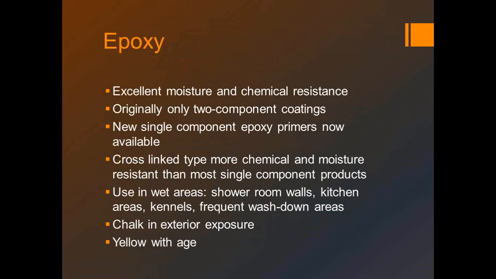Whenever you're getting into the amine epoxies and on into the other ranges of epoxies, you sometimes lose very much color ability. You might have a red oxide and so on, but you don't really have a full range of colors. So that's one thing the polyamide epoxies will give you. And you can use them in most areas. We have wet areas here: shower rooms, wall areas, kitchen areas, kennels, frequent wash down areas.